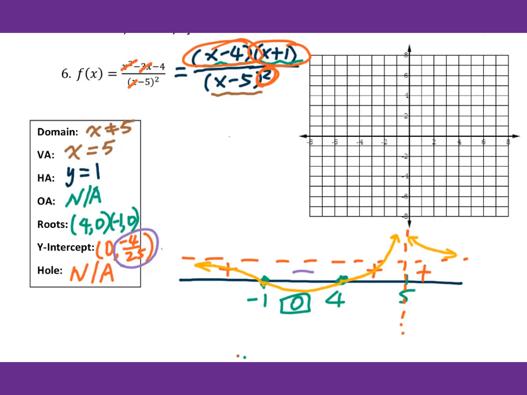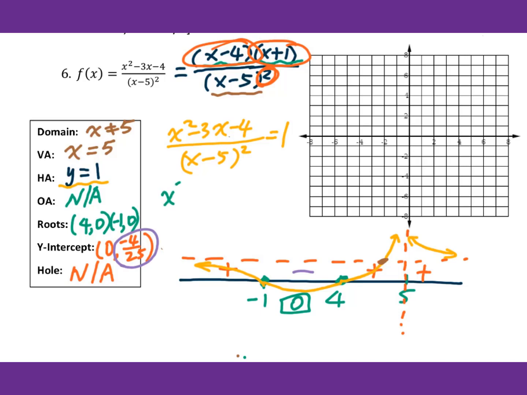We want to figure out what these points are. So I will set up this one: x squared minus 3x minus 4 over (x minus 5) squared equals 1, because the horizontal asymptote line is y equals 1. We solve this equation now.